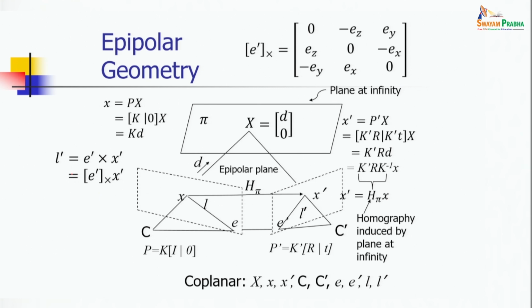Equivalently, the cross product can be shown, in this case for a 3-vector, as a matrix multiplication, where the 3 cross 3 matrix is derived from the parameters of E prime. And you note that this matrix is a skew matrix, because diagonal elements are 0 and off diagonal elements are of opposite signs, magnitude the same and opposite sign.